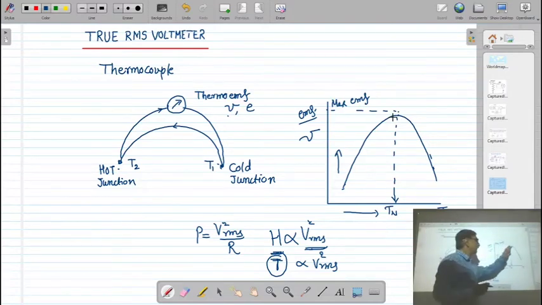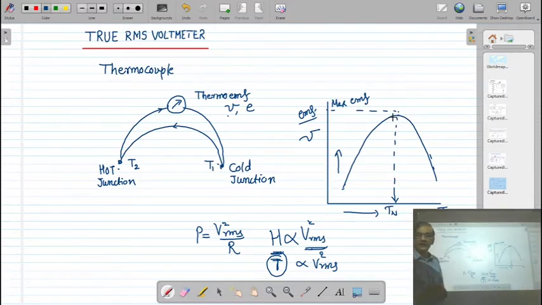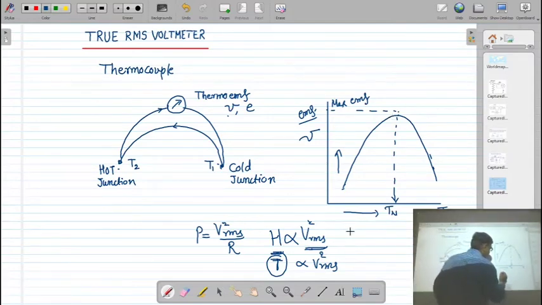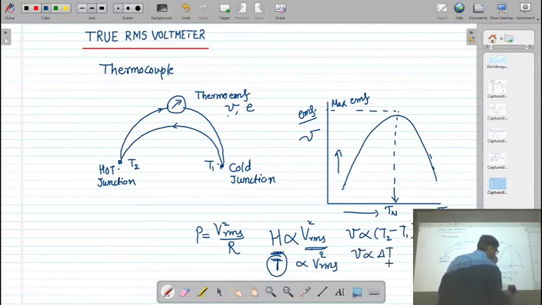But because it is non-linear, to cancel out this non-linearity we have to use two thermocouples. Whatever EMF is produced, it is produced due to the difference of these two temperatures, so V is proportional to delta T.